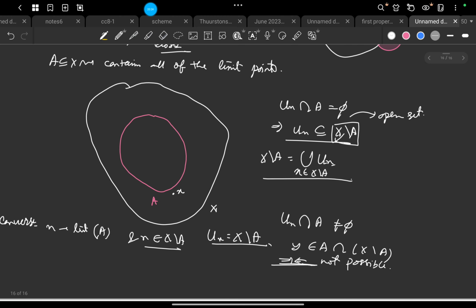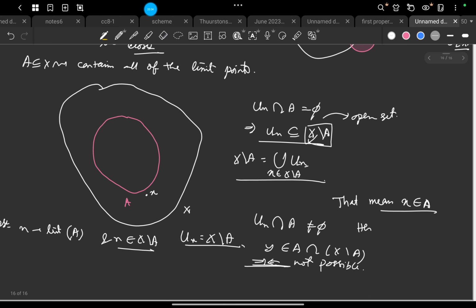So that means small x must belong to A. Hence A contains its limit points.